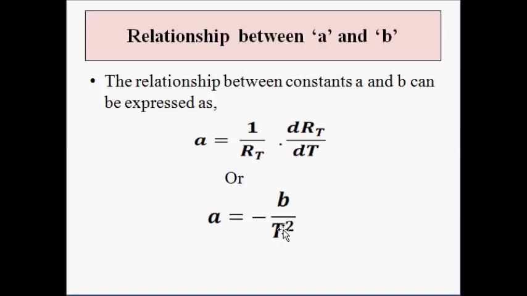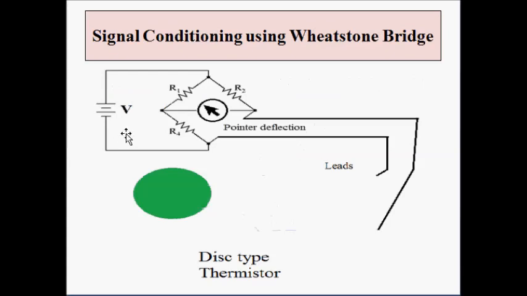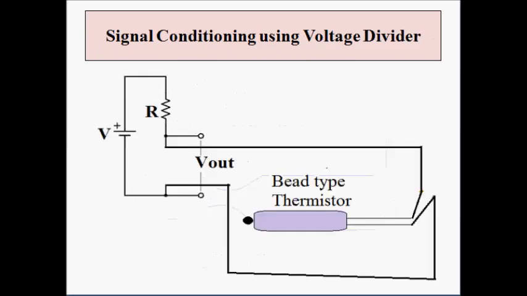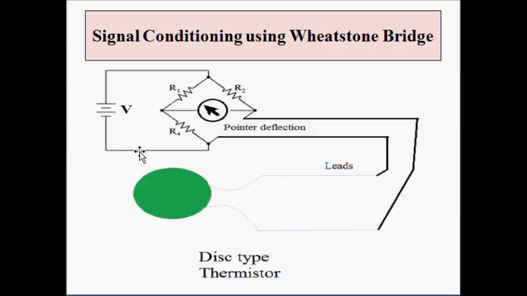You can cross check. Now comes the signal conditioning part. As there is a change in resistance in thermistors, obviously we have two choices, either to use a Wheatstone bridge or a voltage divider configuration. Similar to RTD, which I discussed in the RTD video, the thermistor is connected in one of the arms of the Wheatstone bridge.